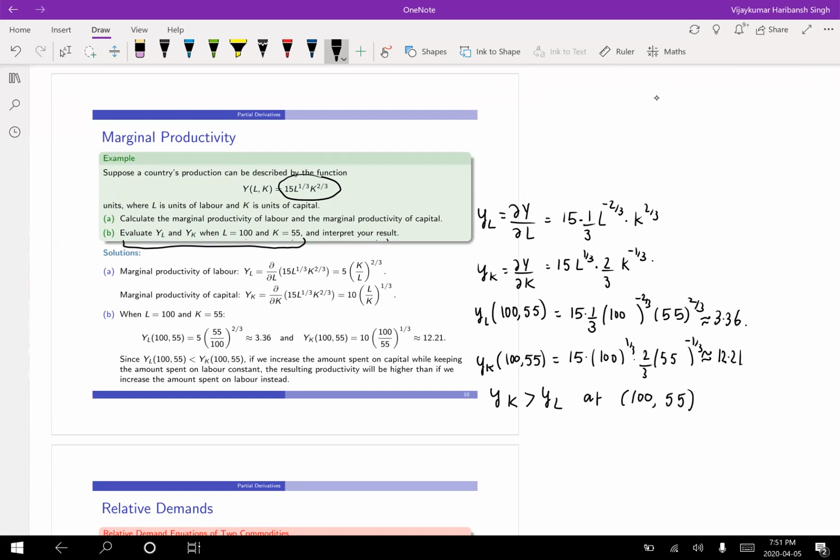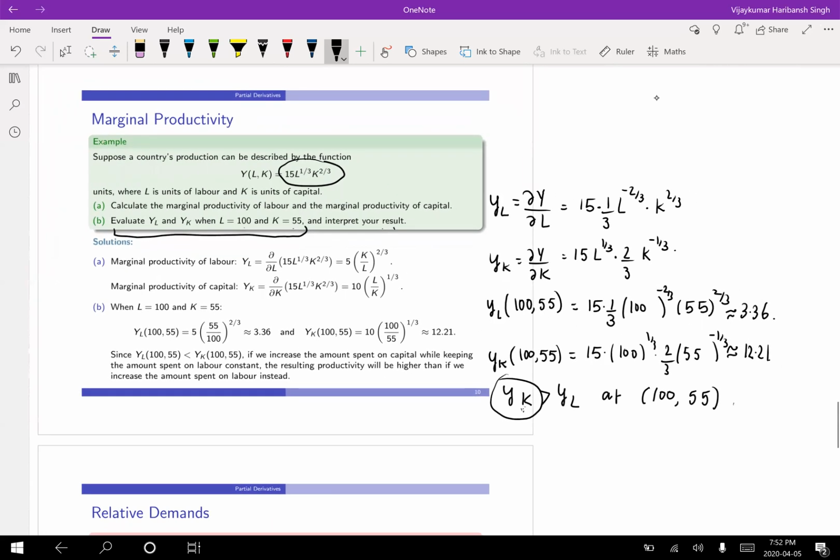This means what? YK is bigger, right? That means the change in YK is bigger. That means if you increase K at 100 and 55, your output productivity will be more than if you increase L, the labor, right? So that's what it means.